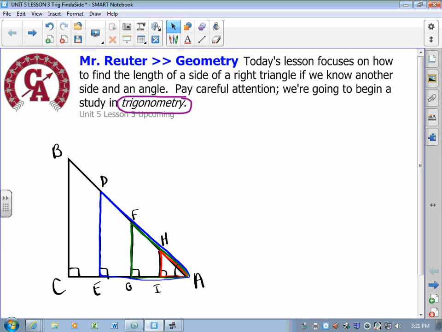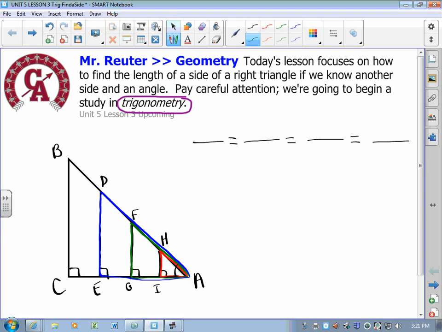What does that mean? That means that there are some ratios that hold.